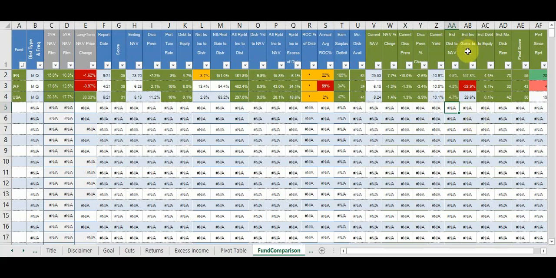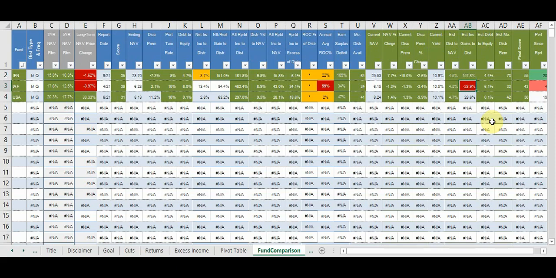The estimated income gains to distribution, you would think that because IAF has a negative estimated income gains to distributions that I might rule this one from consideration. But the truth is, a fund could increase its net asset value by 2 to 3 cents and completely wipe that out and put it back in the positive.